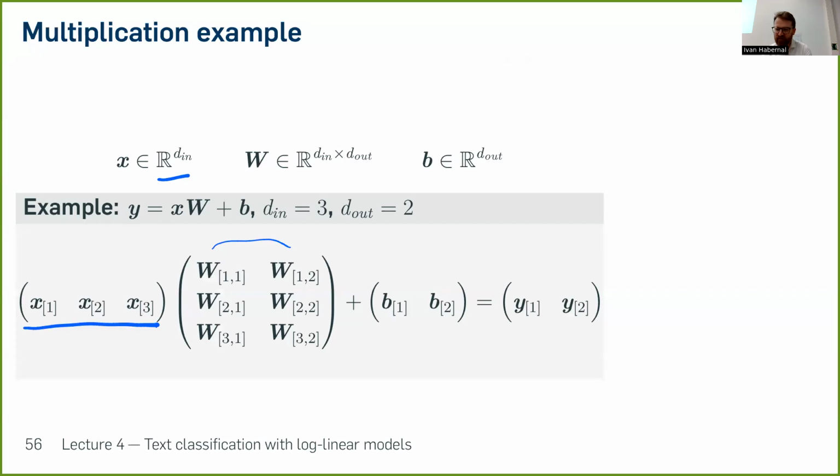So this multiplied together will be what? Well, it will be two numbers. Right, 3 times 3, and this times this column, so it'll be two numbers.